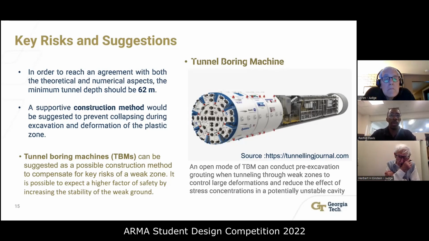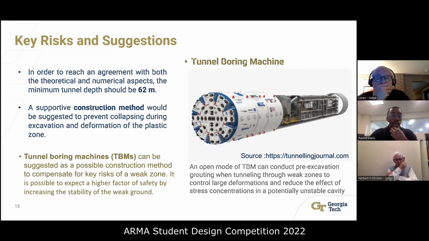However, the tunnel can collapse at a depth of 62 meters, as mentioned before. But given the risk of building a tunnel around a weak zone, a supportive construction method would prevent this collapse during excavation and deformation of the plastic zone.